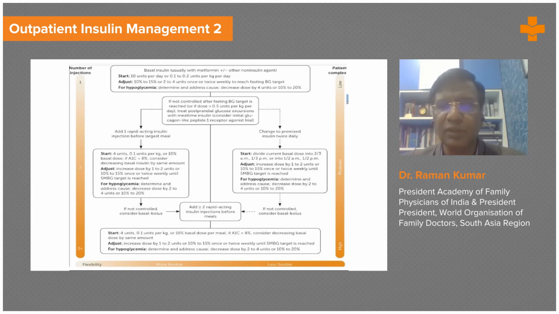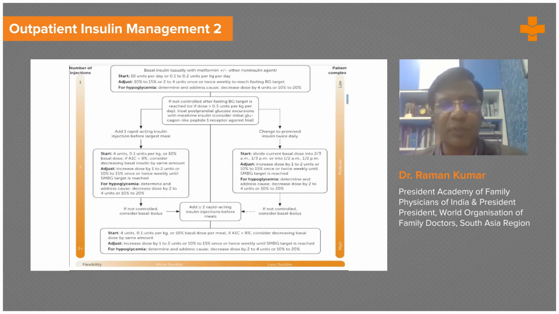So gradually you will increase the dose so that you are able to meet the optimal fasting sugar levels. Similarly, if there is an episode of hypoglycemia, then you have to reduce the dose, and a reduction of 4 units is recommended, which is around 10 to 20% of total insulin requirement.